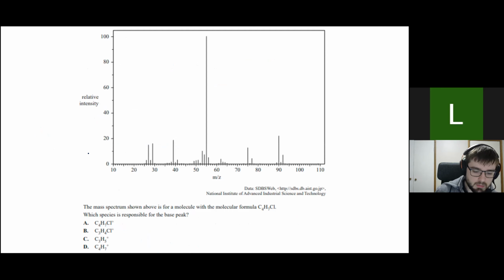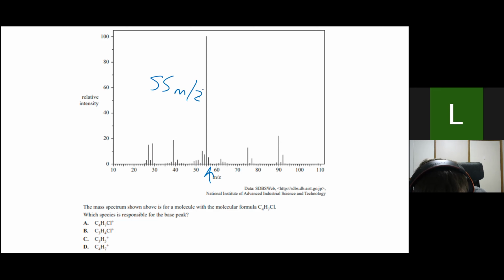All right, the mass spectrum shown above for a molecule with the molecular formula of this. What species is responsible for the base peak? Again, base peak is going to be the tallest one here. It's a 50, 51, 52, 53, 54, 55. So 55 M/Z. All right, so we've got a bunch of different formulas here.